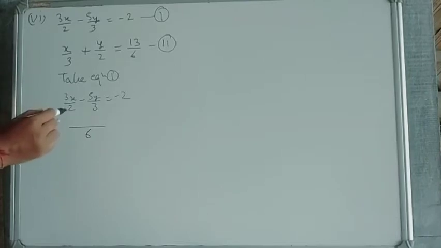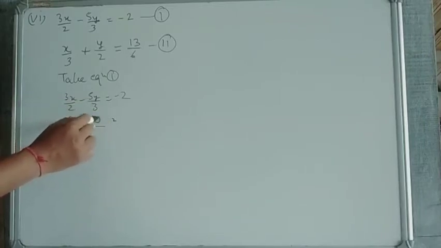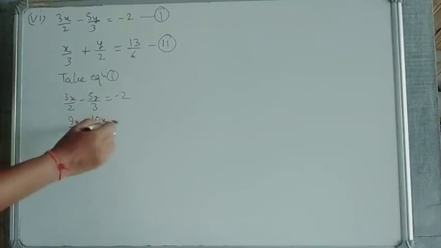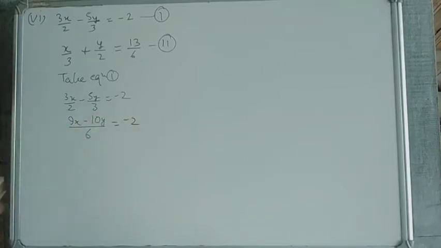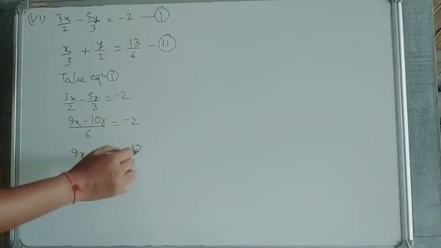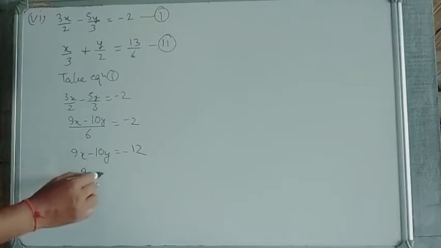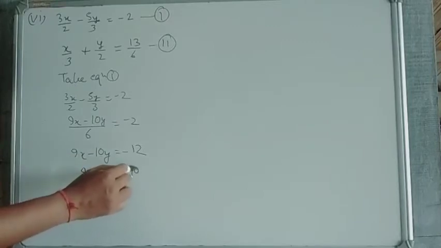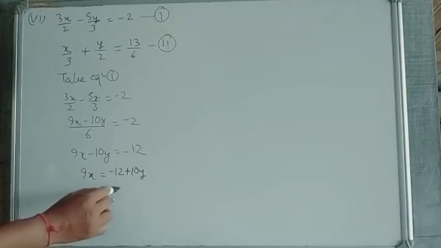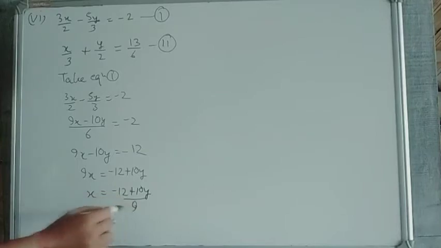Then 2 threes are 6, 3 threes are 9x, 3 twos are 6, 2 fives are 10y, equal to minus 2. Now from here, 9x minus 10y equal to minus 12, or I can say 9x equal to minus 12 plus 10y, or x will be equal to minus 12 plus 10y by 9.